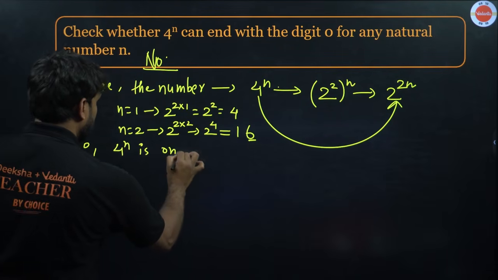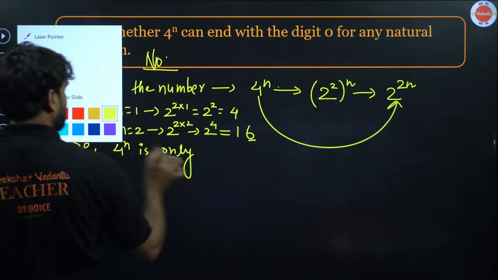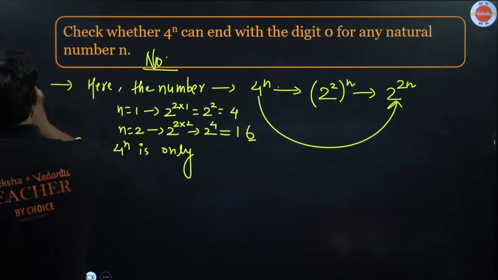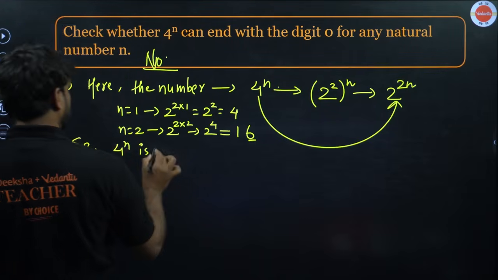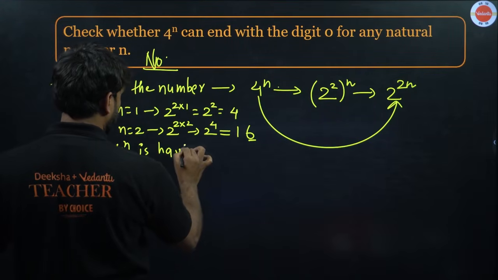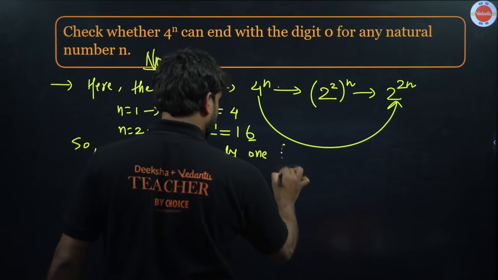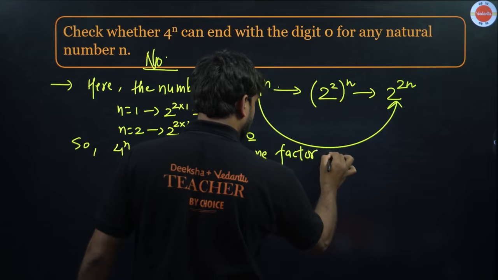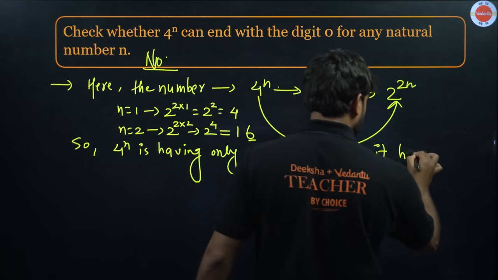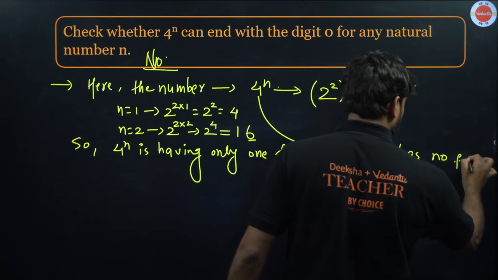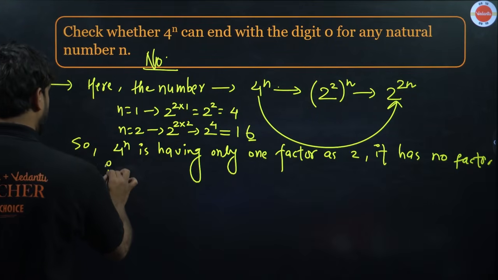is only having one factor as 2. It has no factor in the form of 5.